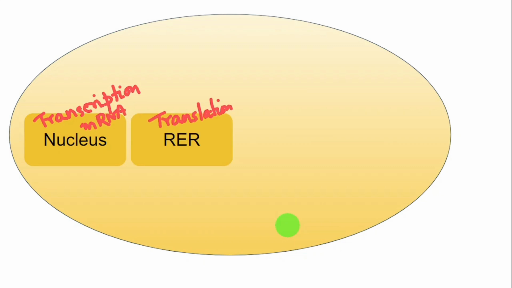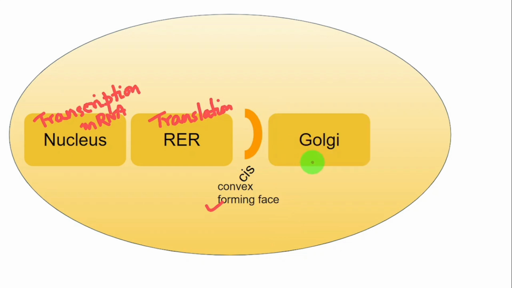Translation happens on the ribosomes of RER, rough endoplasmic reticulum. The convex shaped sac, which is called the forming phase of Golgi, will receive the newly formed protein for processing. That is called post translational modification. The term is not mentioned in NCERT. You have to simply remember that modification of the protein happens in Golgi.